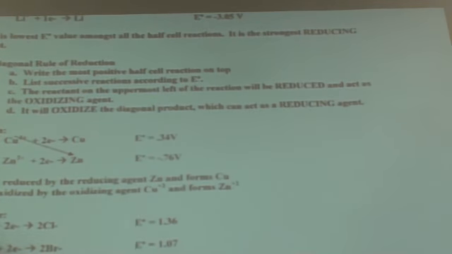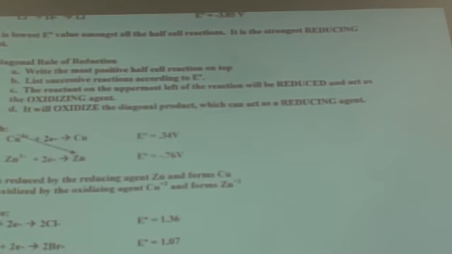Okay, so look at here. I have done another example, and I've listed them in order of E cell potential. So this would be reduced first, second, and third. Chlorine acts as the oxidizing agent for bromine, the bromide ion. This acts as the oxidizing agent for this.